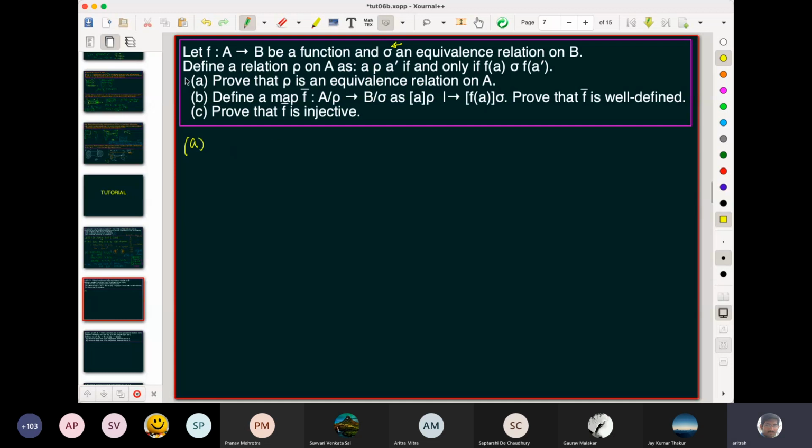So first let us tackle only the A problem. What are the conditions of an equivalence relation you have to show? Try to show it is reflexive, symmetric, and transitive. Reflexive, what will you do? Can you show this happens?